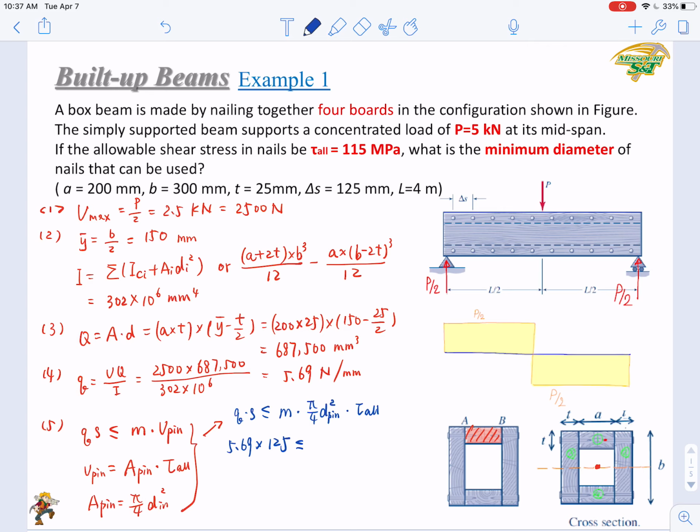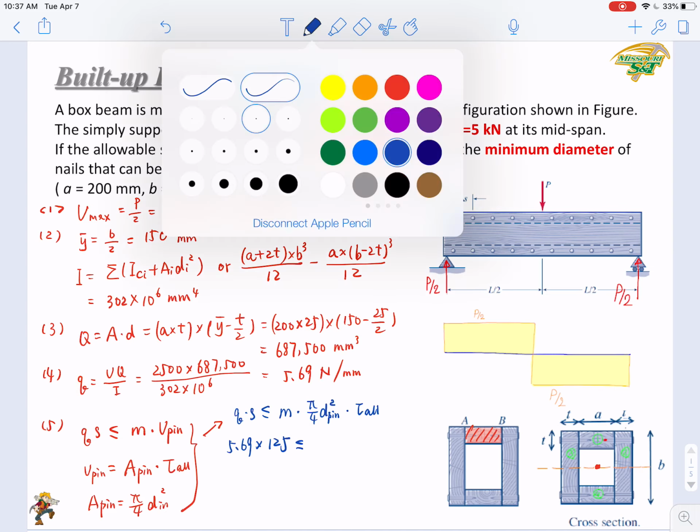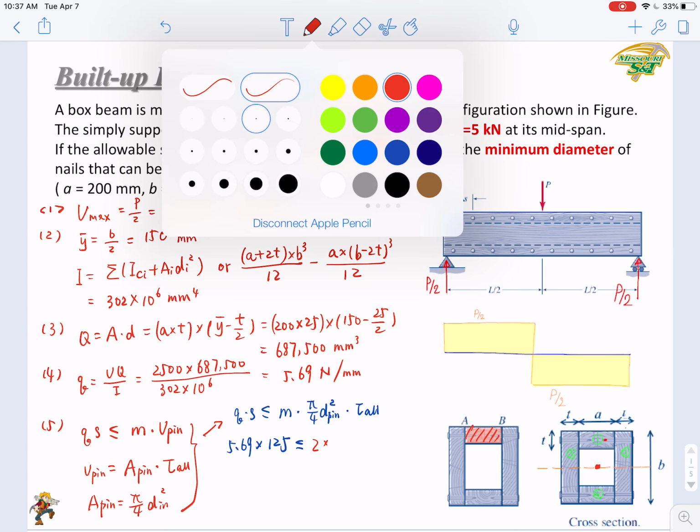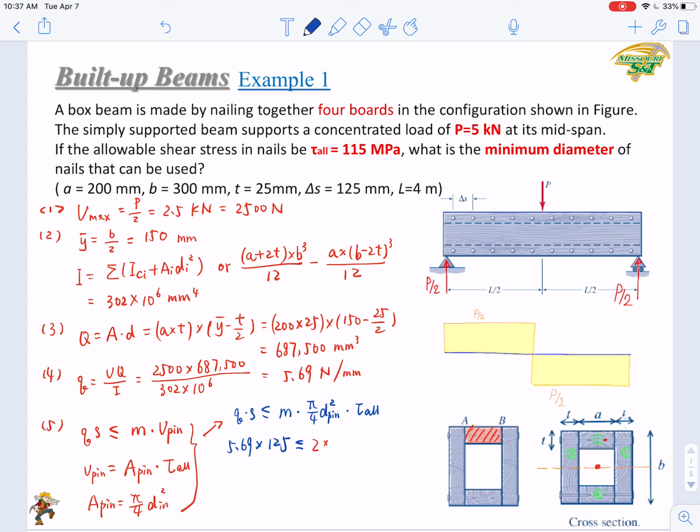Okay, you have 2 rows of nails. Okay, so M is 2. Okay, M is 2 times pi over 4 D pin square times 115.